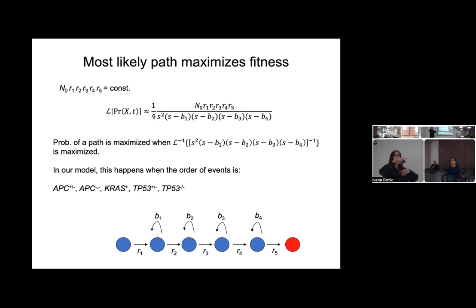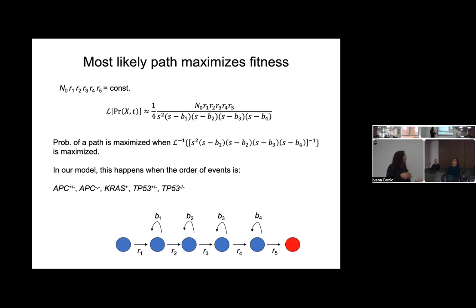Because even though you can get to the same place in different paths, the mutation rates along the path, if you multiply them, are constant. And so we can show that the probability that a certain path is taken is maximized when you maximize fitness as you go along the path. So you first collect the most potent driver, then the second most potent, and so on.